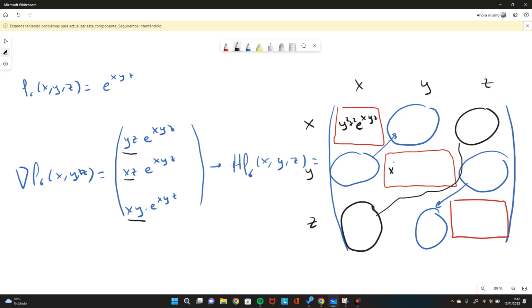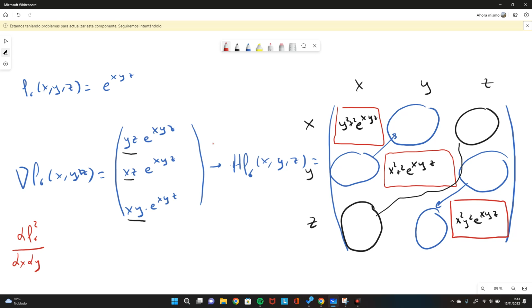Here we have x squared z squared times e to the power of xyz. And here we have x squared y squared e to the power of xyz. That's what we have there. What about the other ones? Well, let's see. Let's do, for example, f6 first with respect to x and then to y here.